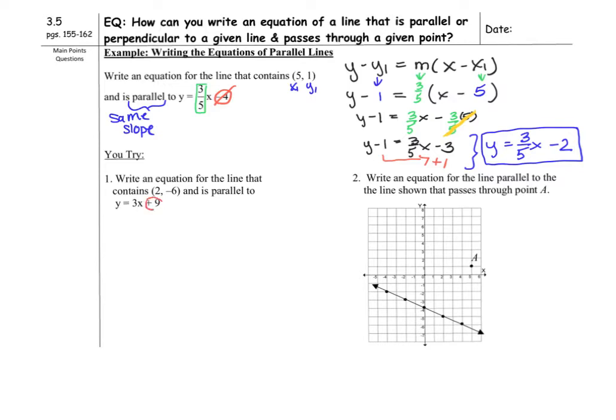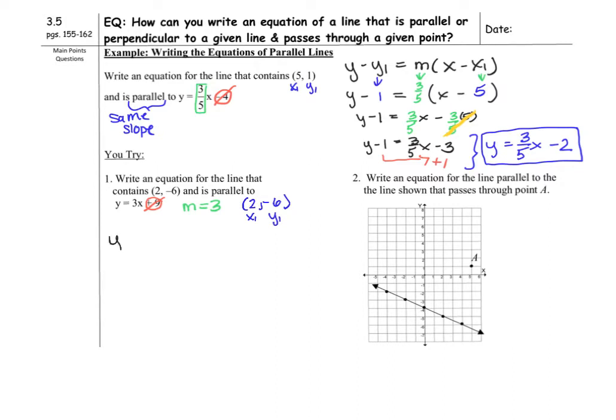So I'm not even going to be using the 9 at all. And I know the slope I'm going to be using is 3. This point represents my x1 and my y1. So that means that (2, -6) will represent x sub 1, y sub 1.